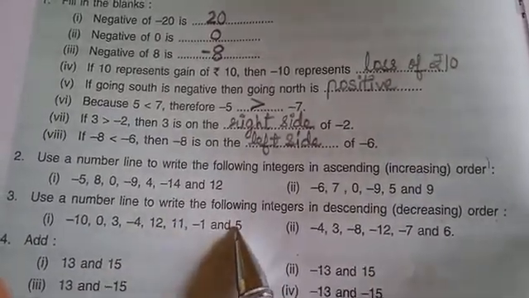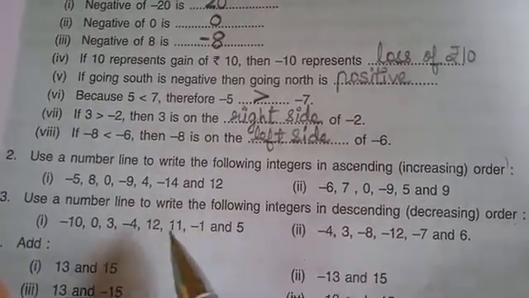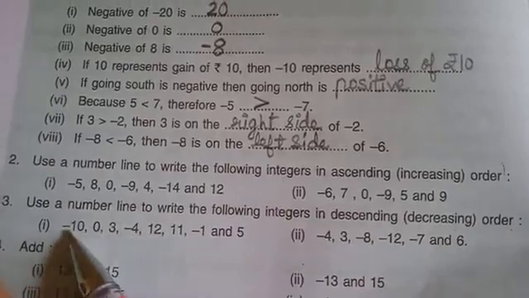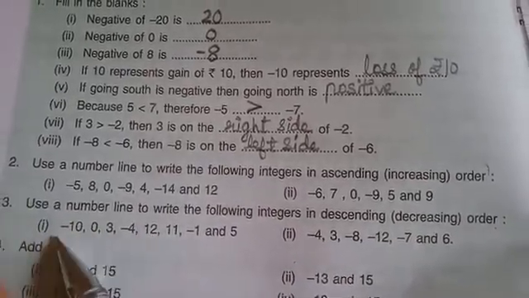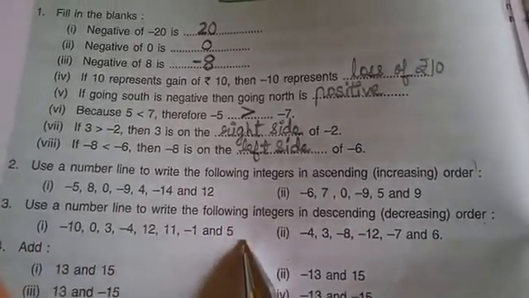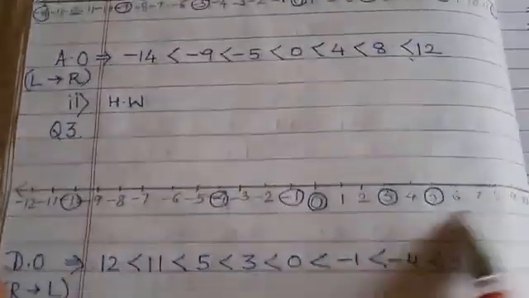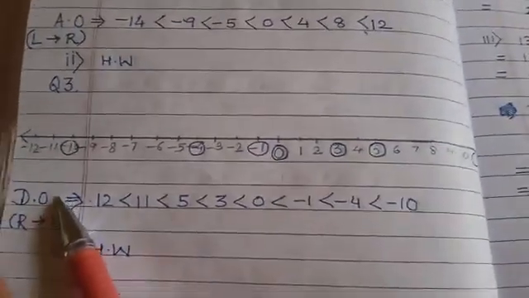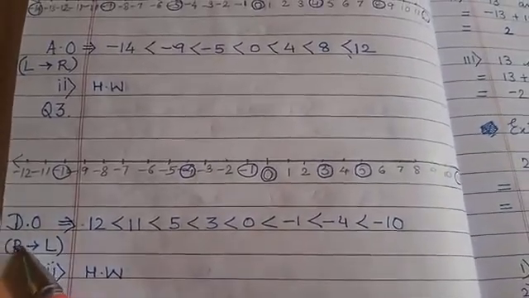Draw a number line from 0. Now which is the largest positive integer? 12. So from 0 to 12 on the right side, and the smallest one is -10, so from 0 to -10 you can draw, and circle all these integers on the number line. Then in case of descending order we have to arrange from right to left.